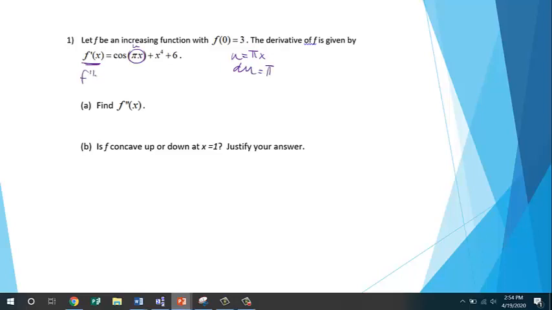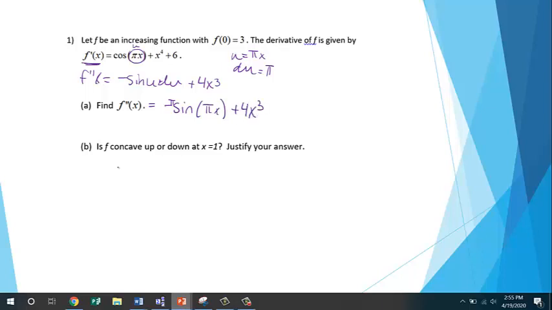If I take the second derivative, the derivative of cosine u is negative sine u times du, plus 4x cubed, and then the derivative of 6 is 0. So it's going to be negative sine, put my u back in, put my du in, I'm going to put the pi in front actually, and then plus 4x cubed. So that is my second derivative.